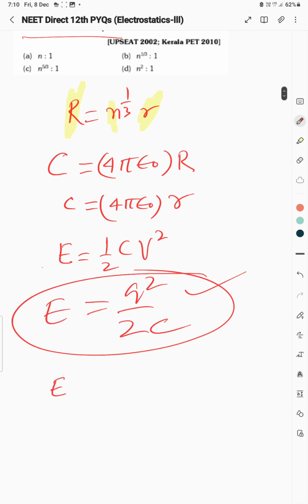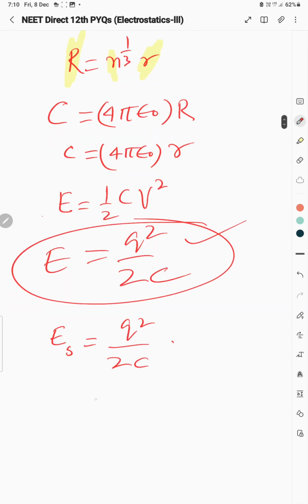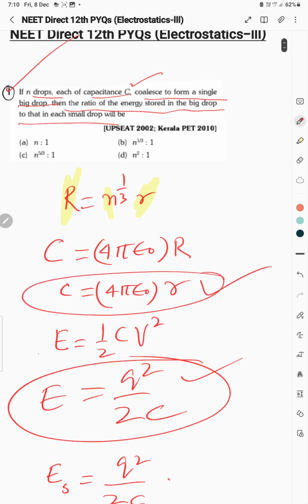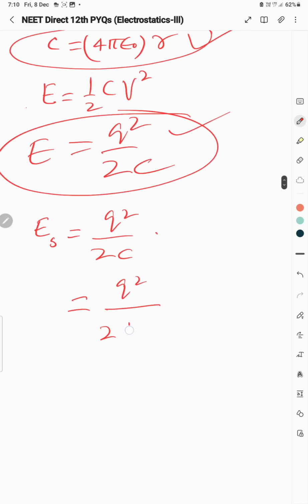Now, energy of the one single small capacitor: charge on that small capacitor upon twice C. Let the charge be Q, so it's Q square upon 2 times C, और वो small वाले का C हमने ये रखा है 4 pi epsilon naught into r. So 4 pi epsilon naught times small r. ये आ गया energy of the small capacitor.